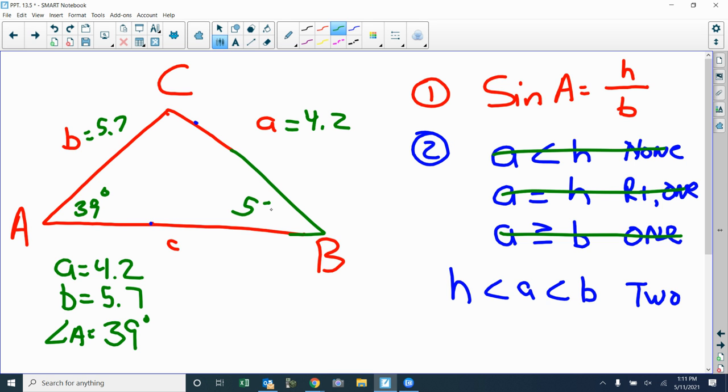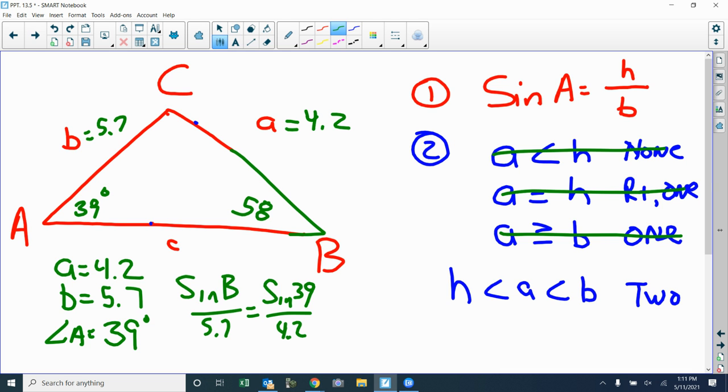So see if you can get it. That would be the sine of B over 5.7 is equal to the sine of 39 over 4.2. You getting 58 there? How'd you get 58?